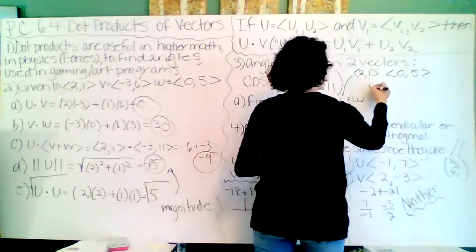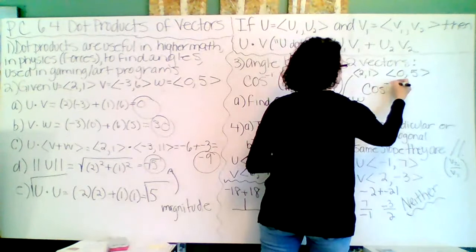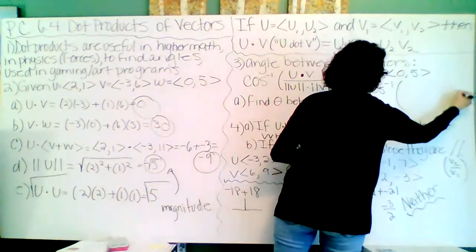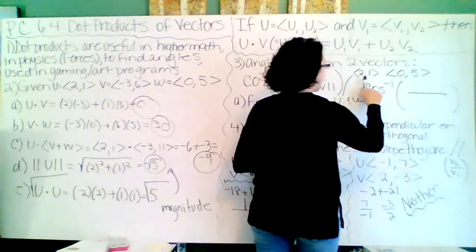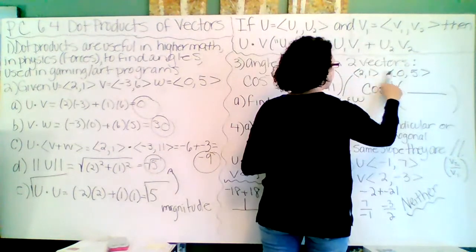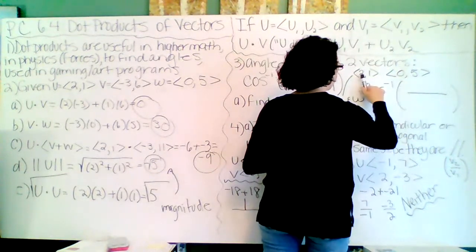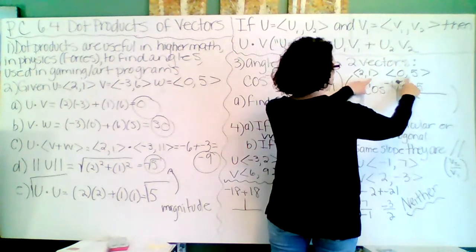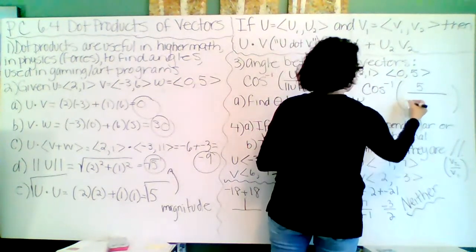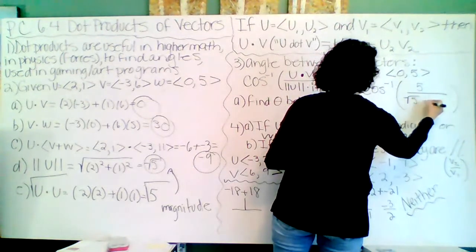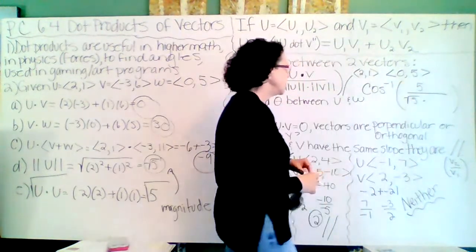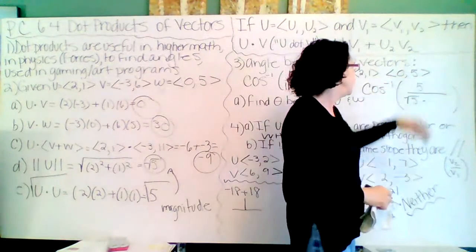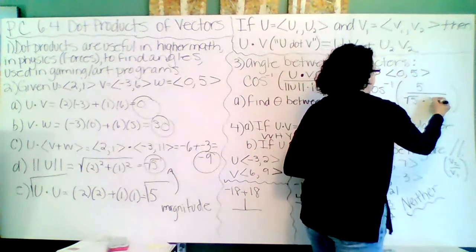Okay. Inverse cosine, we're finding the angle between these two vectors. Here we go. The dot product would be 0 plus 5, which is 5. Let's get the magnitude. That would be the square root of 5. And the magnitude of this vector, when you square 0, square 5, add them up, take the square root, you're going to get 5.